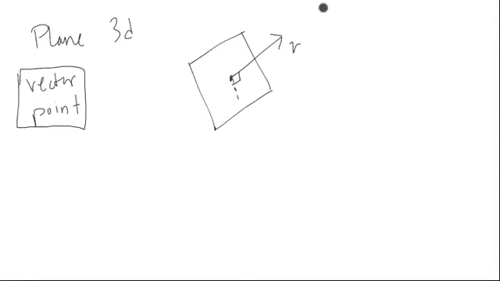It's just right on that line. So really, any vector that's orthogonal is going to determine a plane if we have a base point, a starting point right here. So that's all we need, a point and a vector.